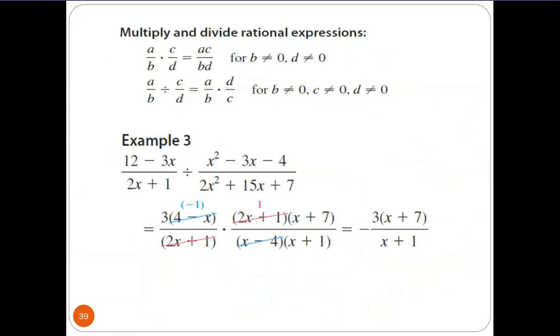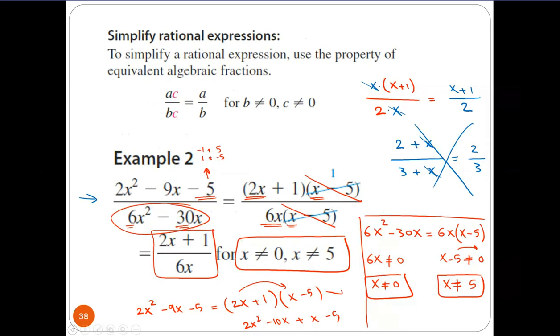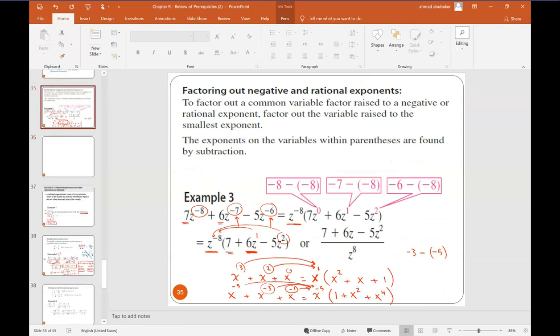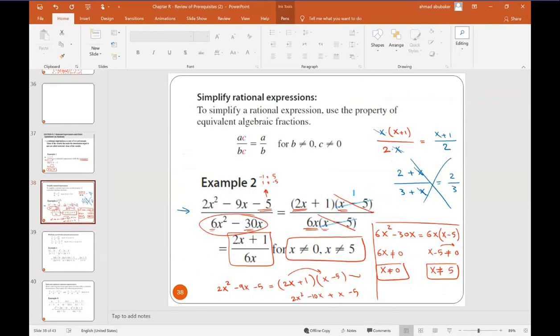In addition, multiplication and division. Example 2. Okay, I put it another example. This depends on the factorization.